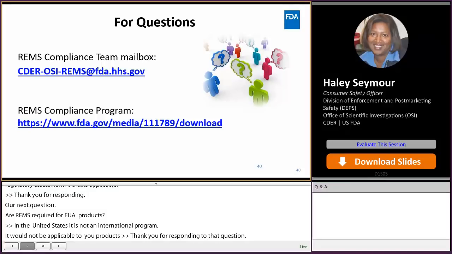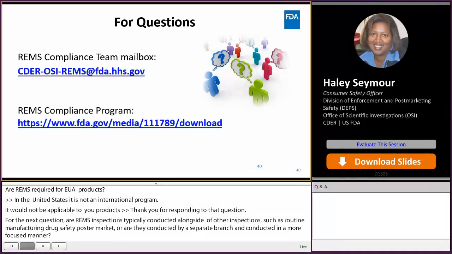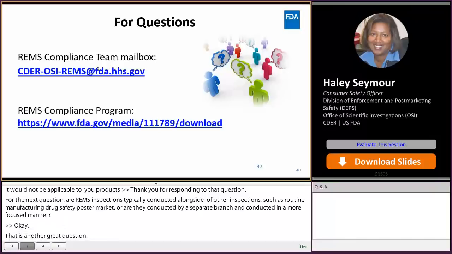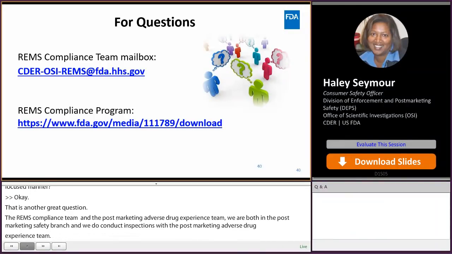The REMS compliance team and the post-marketing adverse drug experience team are both in the post-marketing safety branch, and we do conduct inspections with the post-marketing adverse drug experience team. We also conduct inspections that are totally risk evaluation and mitigation strategy inspections.